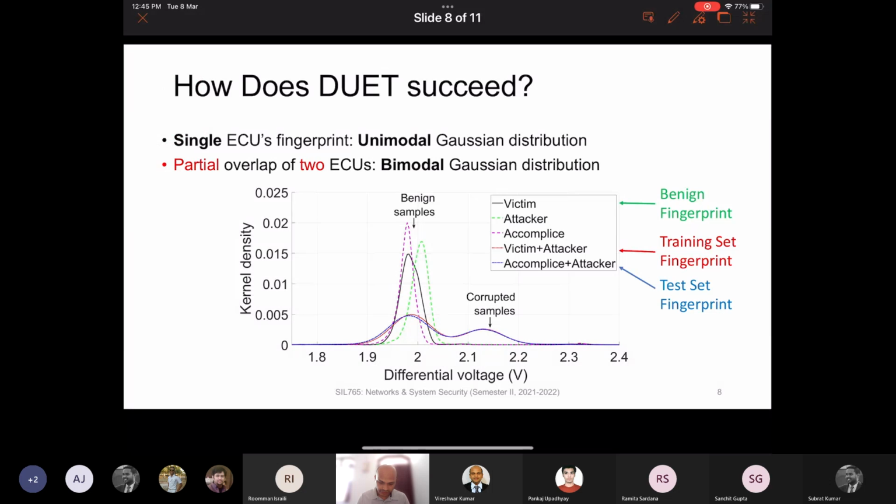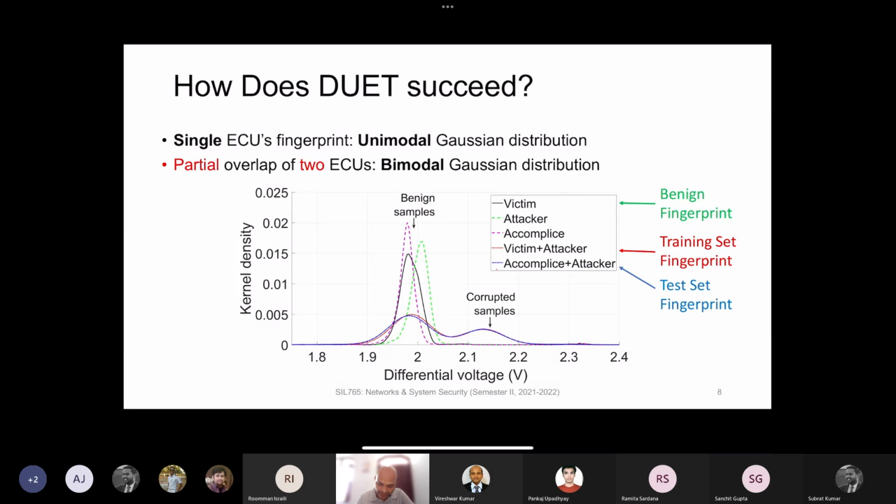Now you see this blue curve, which is the accomplice plus attacker, and it matches very closely with the red dotted curve. Victim plus attacker was the result of training set data poisoning.